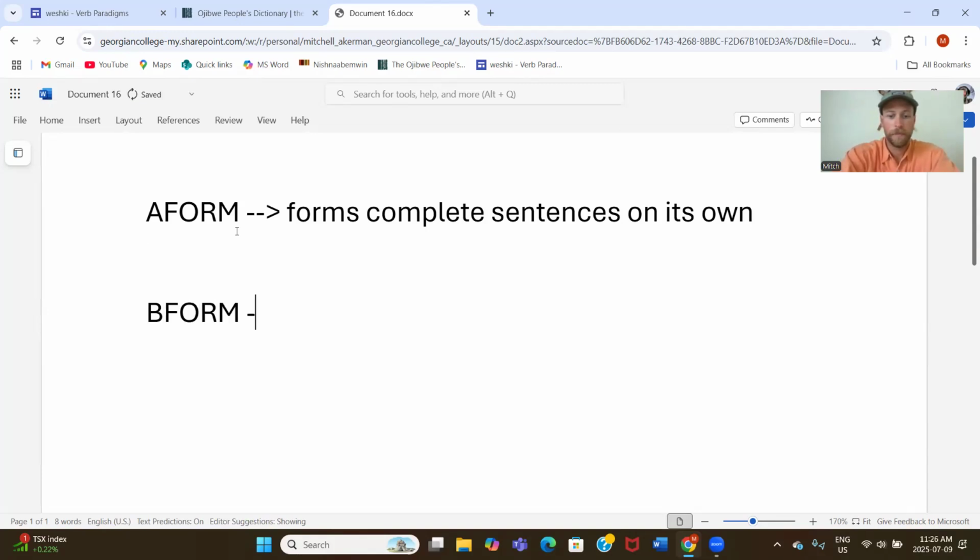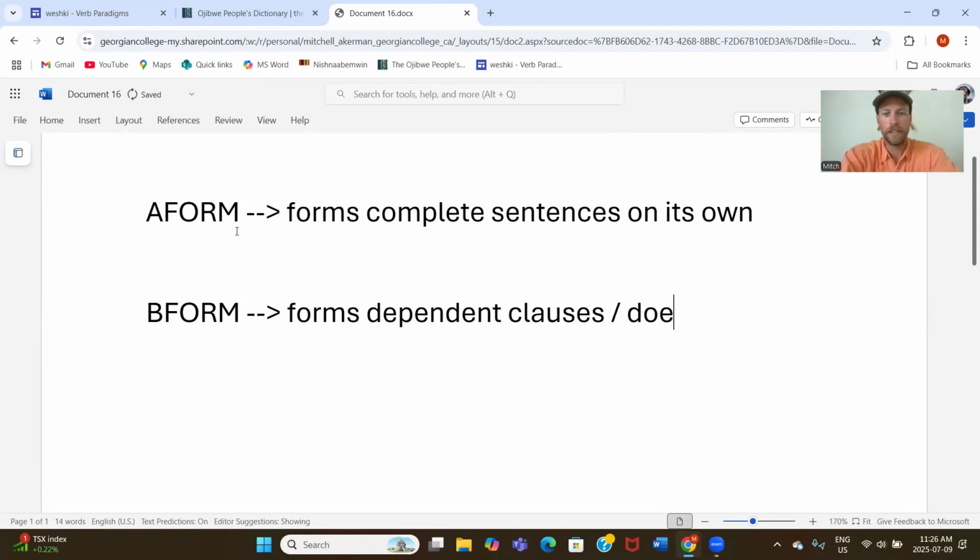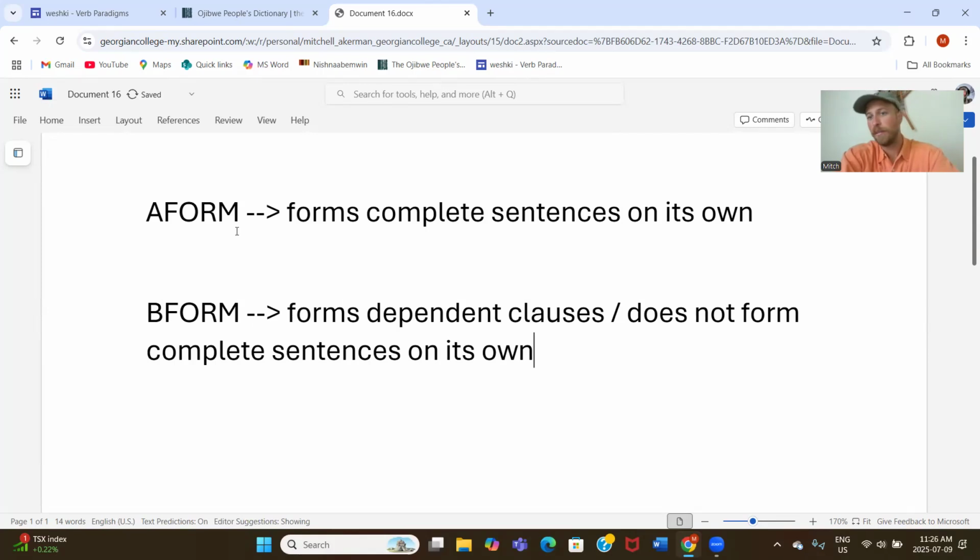B form, okay, forms dependent clauses, aka does not form complete sentences on its own. So these are making subordinate clauses. These are making conditional clauses. These are making all these other types of clauses, okay, that don't make complete sentences by themselves. Okay.